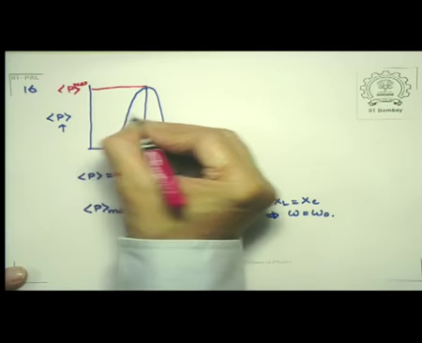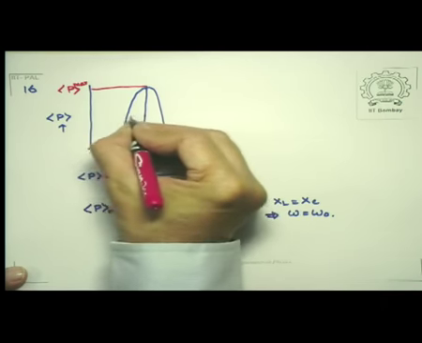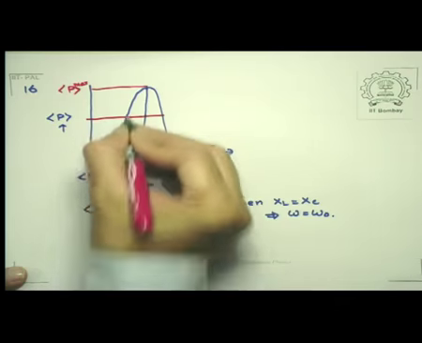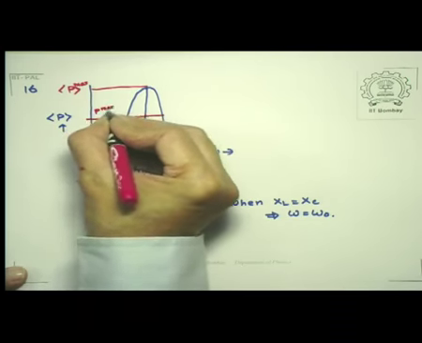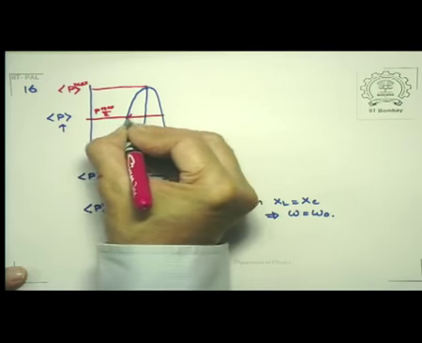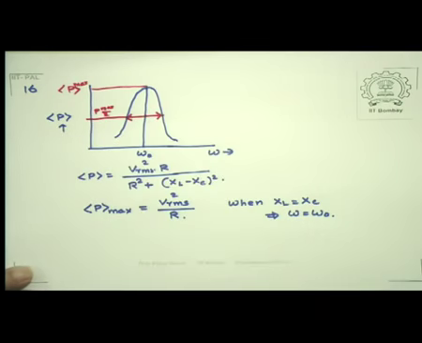I am looking at half of it, half on this side. So this is the point I am looking at, P max by 2. This is a measure of the half power maximum, the full width at half power. So let's see how much that is.